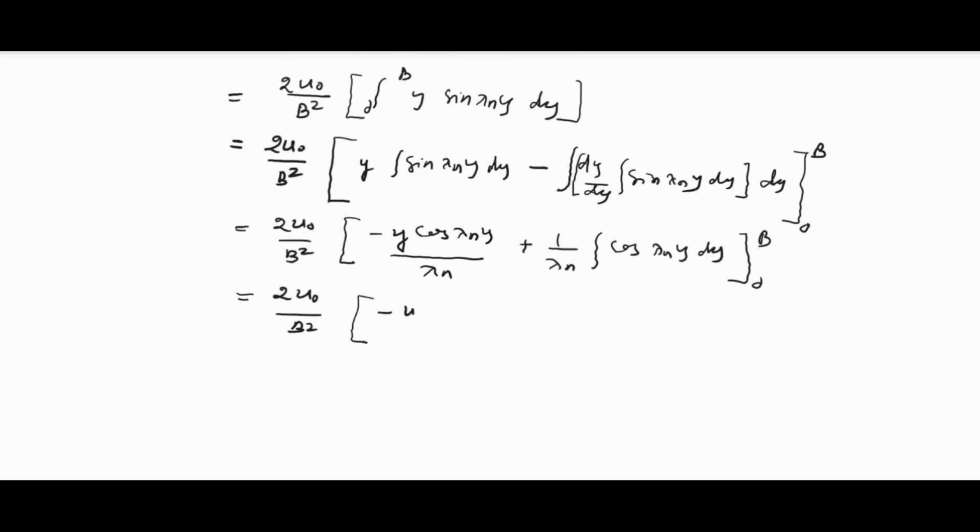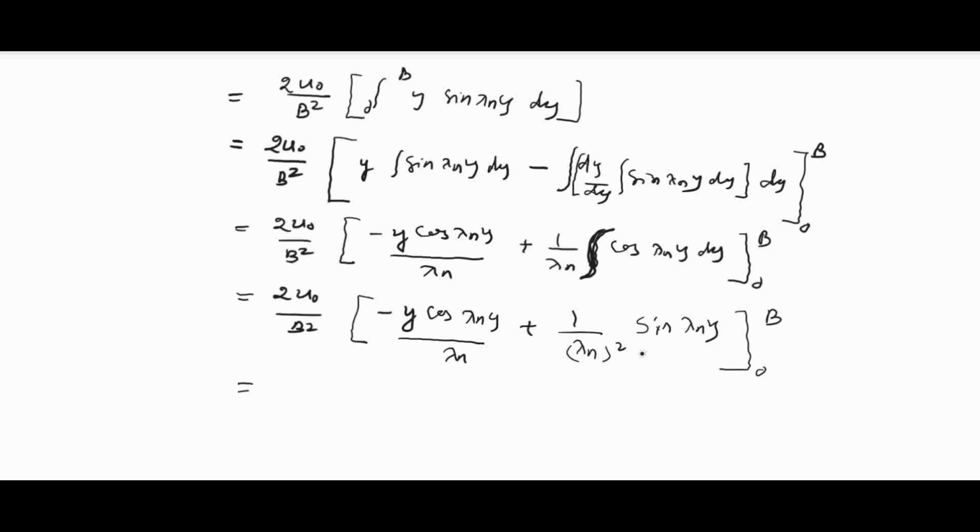So minus y cos(λ_n y) by λ_n plus 1 by λ_n, and this one is the integration, which gives 1 by λ_n squared into sin(λ_n y), and the limit is 0 to b.